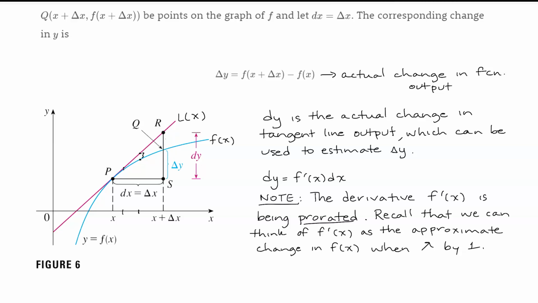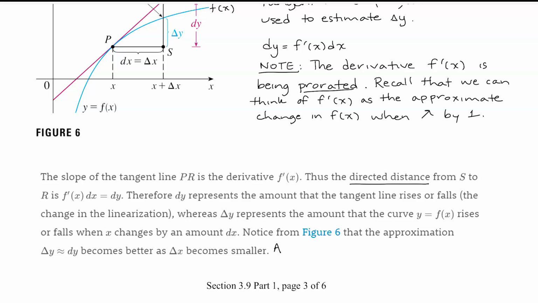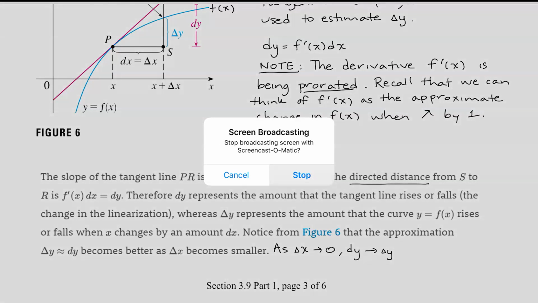And that distance between the pink tangent line and the blue curve is the difference between the dy and the delta y. So basically what we're saying is that as the delta x, or dx, goes to 0, in other words, we move closer and closer to the point of tangency, then that dy, the differential change in the tangent line y value, is getting closer to delta y, the actual change in the function.